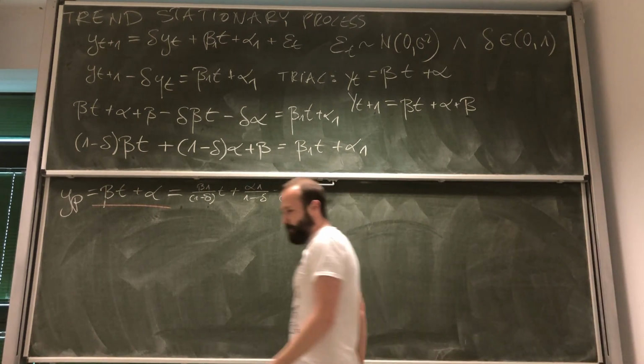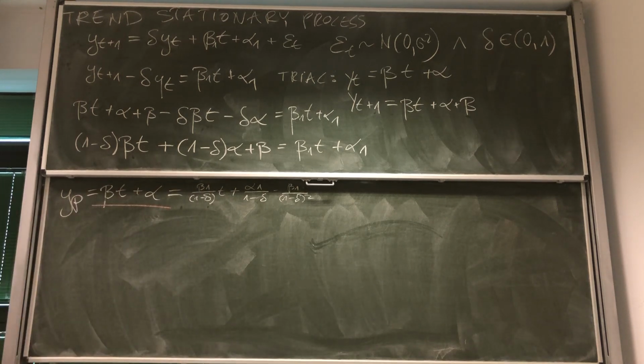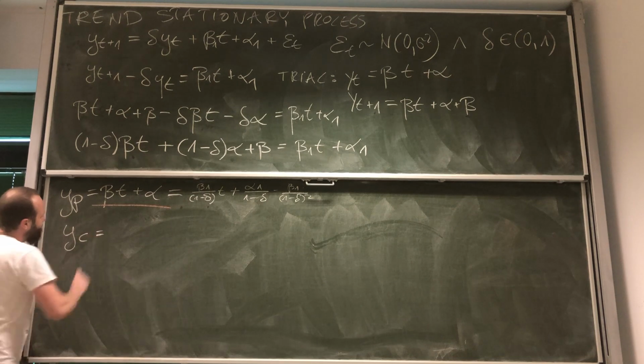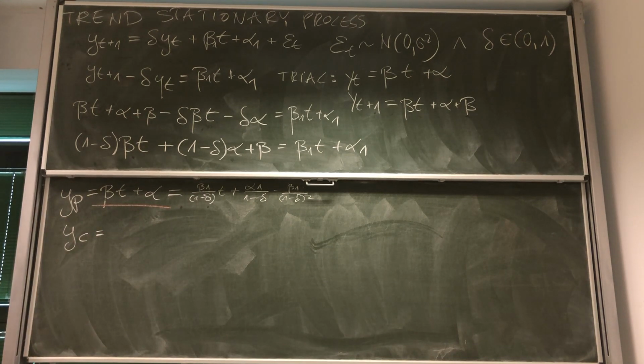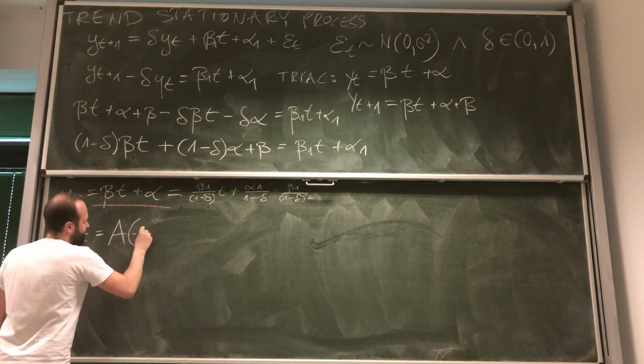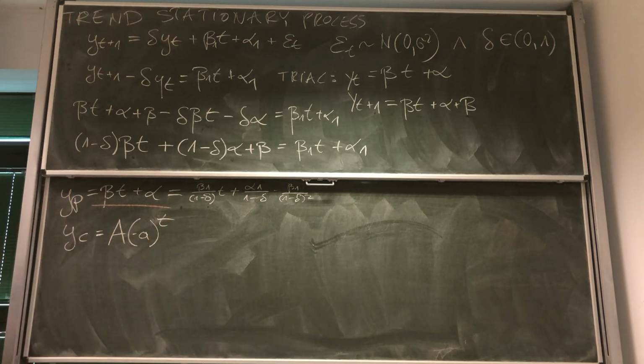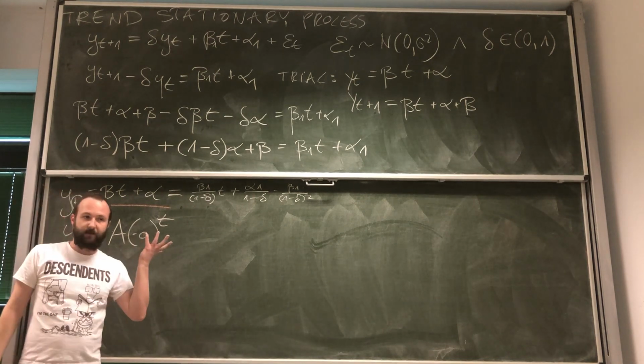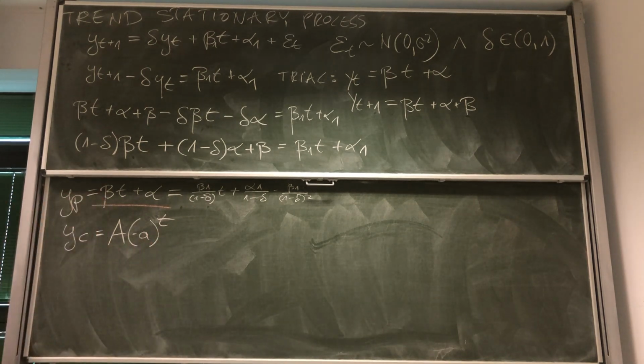Okay, so next step, of course, is to calculate the complementary function. The complementary function is a times negative a to the power of t. What is our negative a?